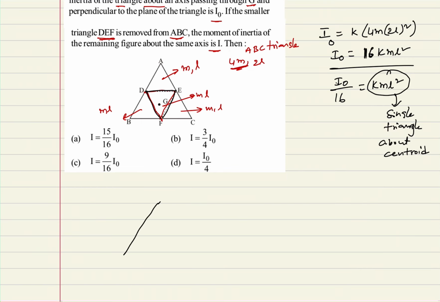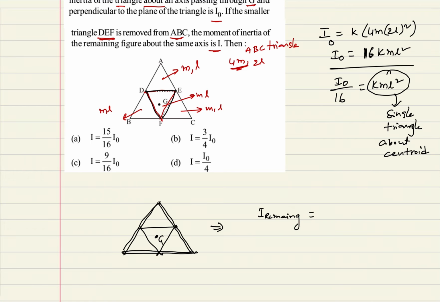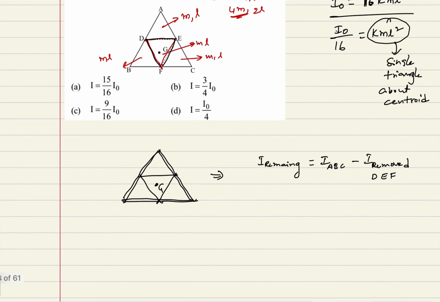Now you see in this question they have removed the middle one about G. This can be written as the moment of inertia of the three triangles. As you know, the moment of inertia of the remaining body is equal to the moment of inertia of the whole ABC triangle minus the moment of inertia of the removed triangle DEF. Here the moment of inertia of the whole triangle they have given as I naught.